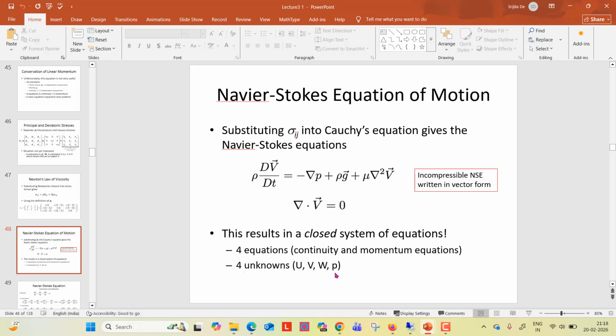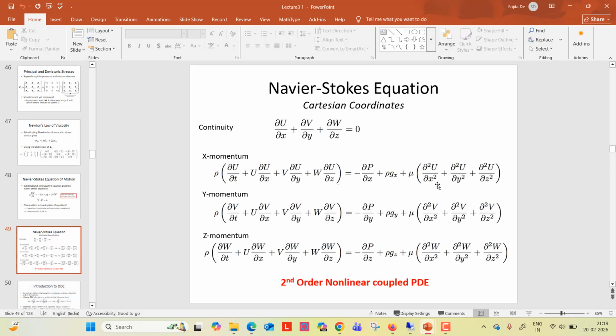So this is the Navier-Stokes equation in the incompressible form, for a Newtonian fluid. This is a second order nonlinear coupled partial differential equation.